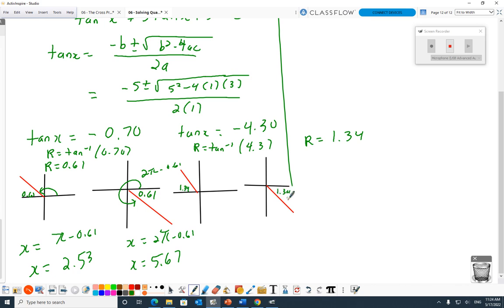So my x is pi minus 1.34, or x equals 2 pi minus 1.34. I'll type those in. And then I'll pause for questions because that was a big bite we took there.